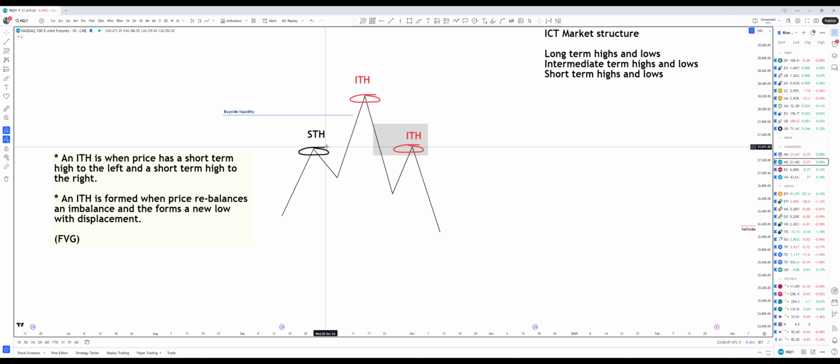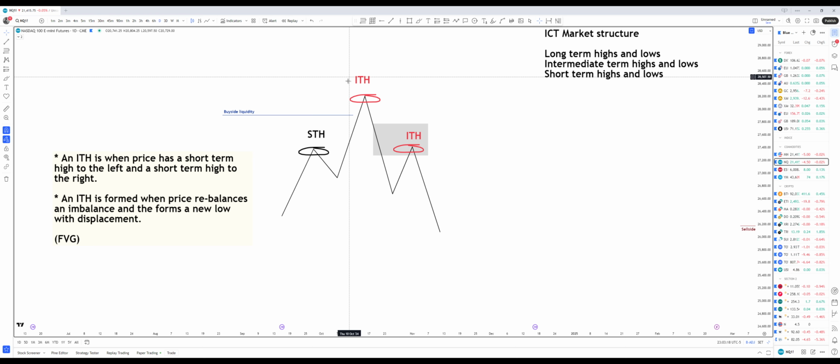It's going to be the low resistance, the equal lows, the trend lines, the low volume highs and lows. This is where the short-term highs and lows are going to be. The intermediate term high basically is a high that runs liquidity, all right? So this also can be stated as a short-term, long-term high, if it makes sense.